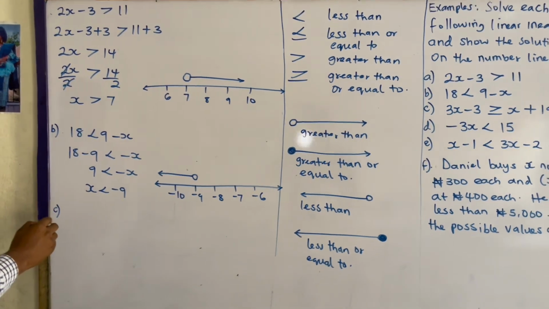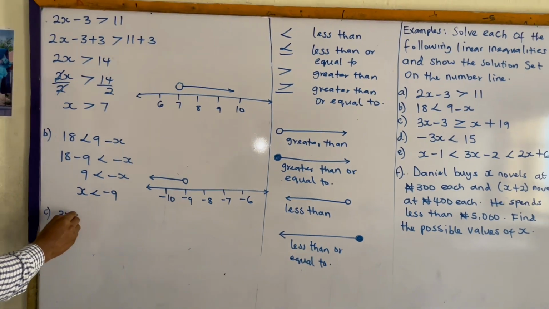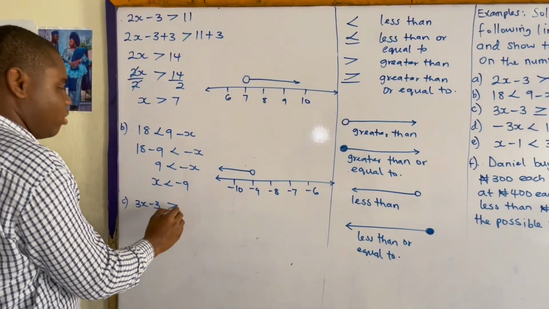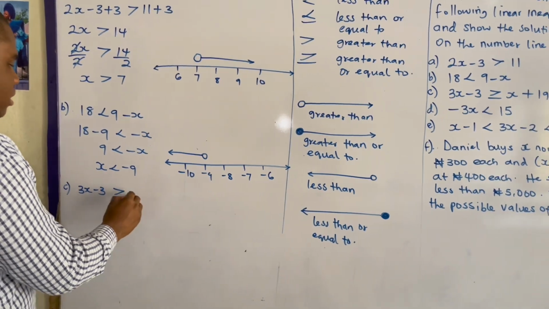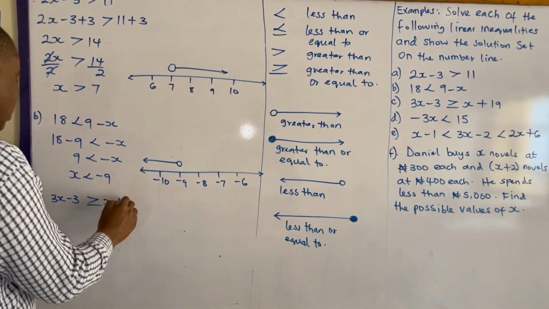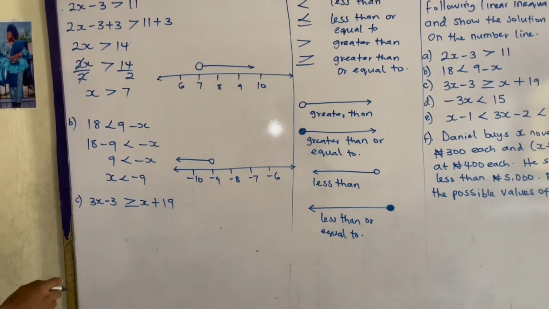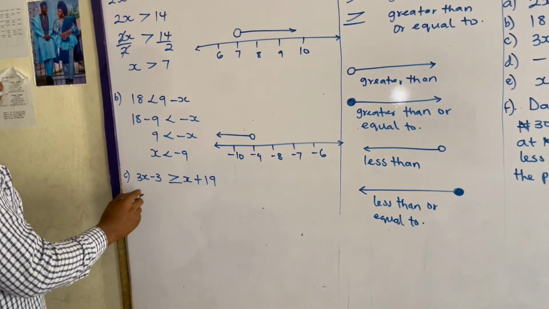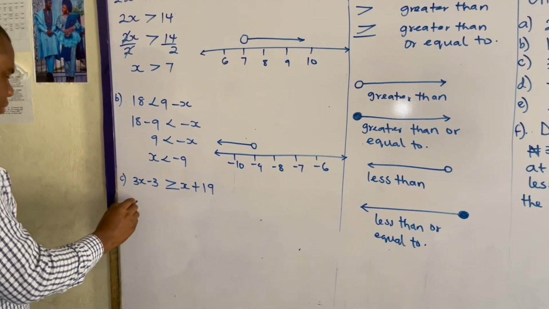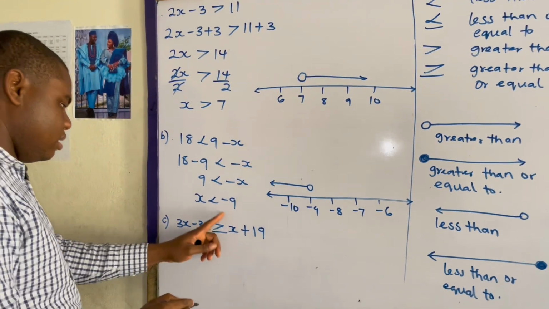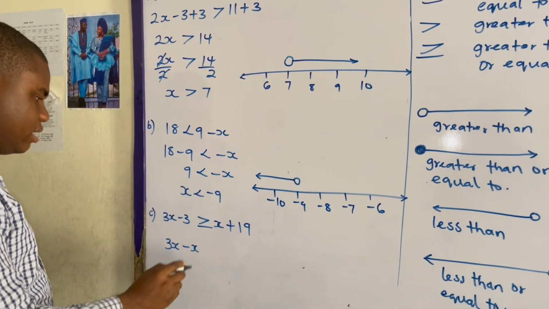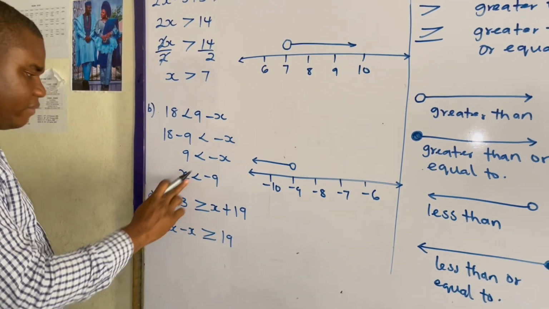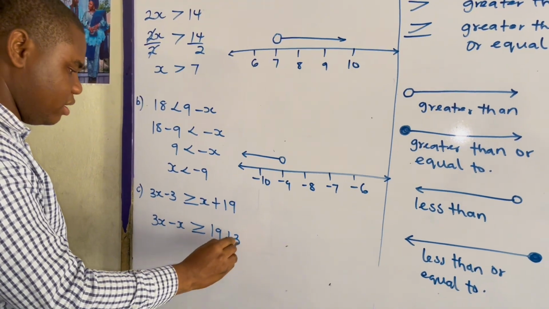The next one we have 3x minus 3 is greater than or equal to x plus 19. In this case, it looks somehow complex, but it's not. All I need to do is to collect like terms. So I have 3x minus x is greater than or equal to 19 plus 3.